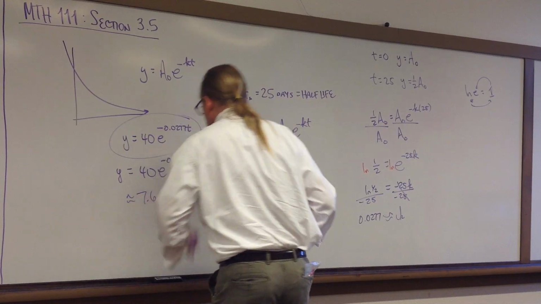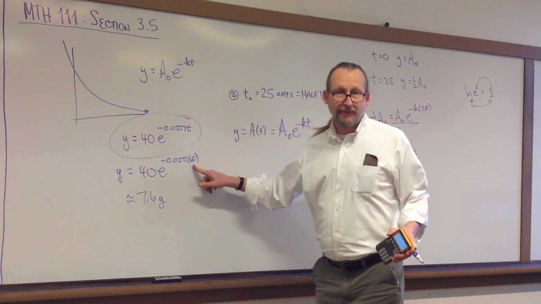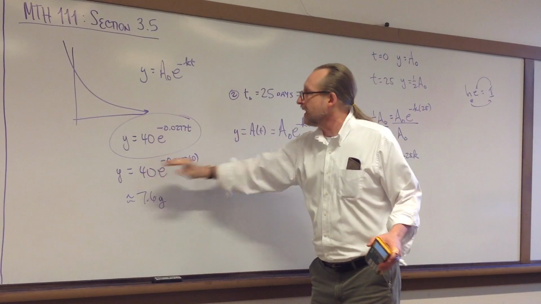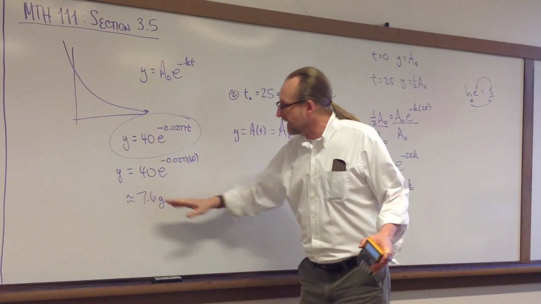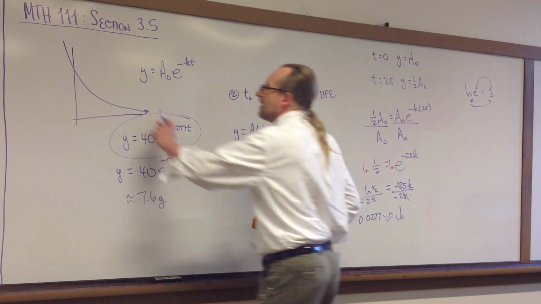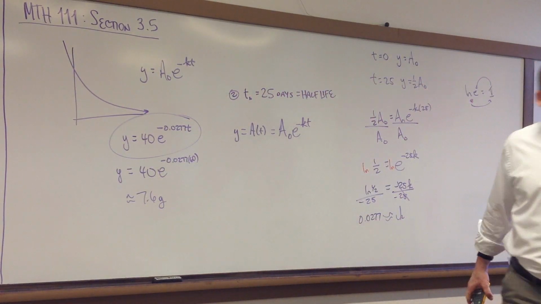And I believe this is in grams. Notice that this is more than 2 half-lives. After one half-life of 25 days, we'll be down to 20 grams. After another half-life, in 50 days, we'll be down to 10 grams, and then in 60 days, we'll be at 7.6 grams. So that's finding the values along that curve.